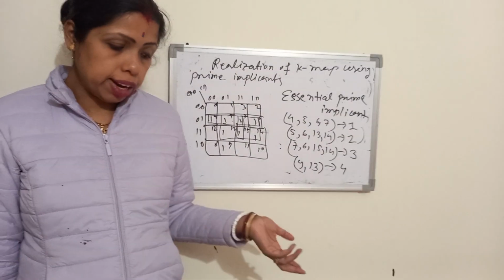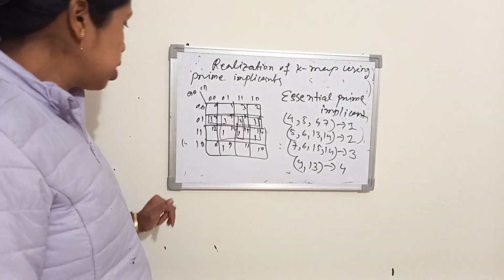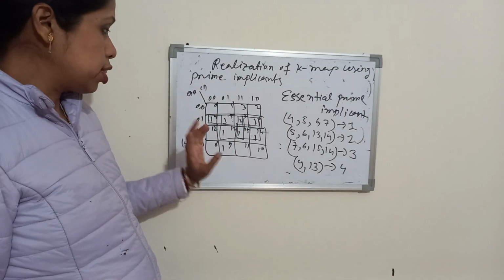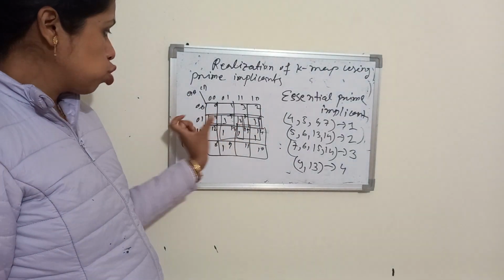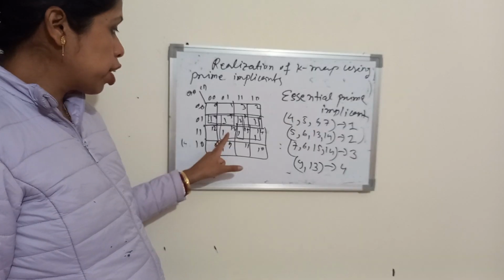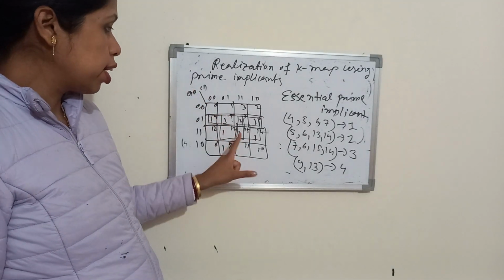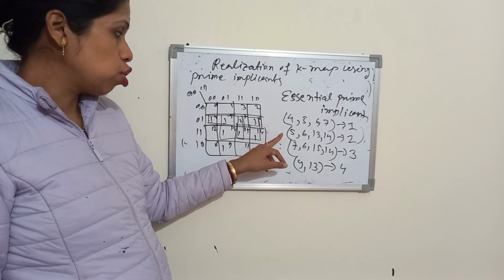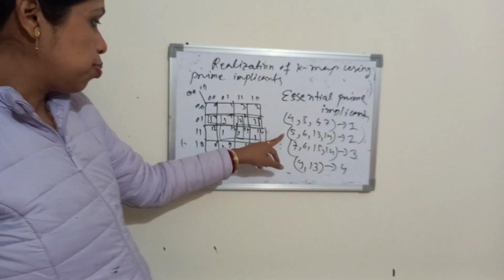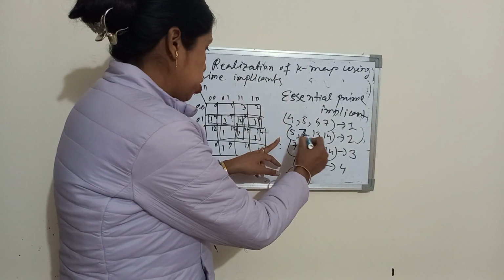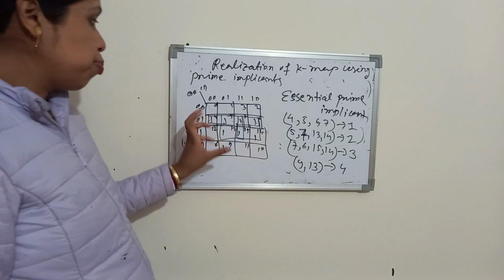Okay, prime implicants. Right. Now you can see 4, 5, 7, 6 is one prime implicant, so a quad is possible. Now for 13, 15, 5, 7, these four can create one quad. Sorry, this is 5 7 13 15, also a prime implicant.